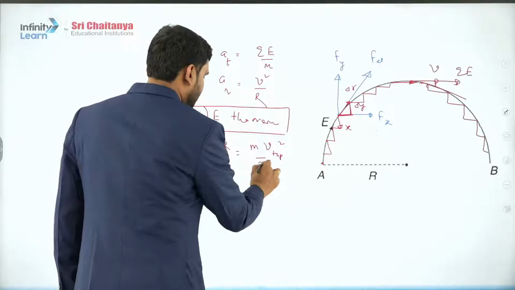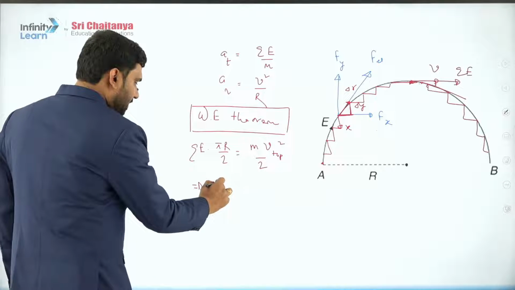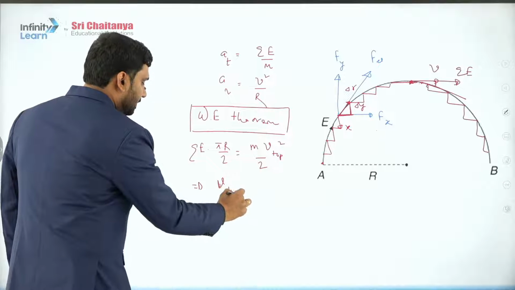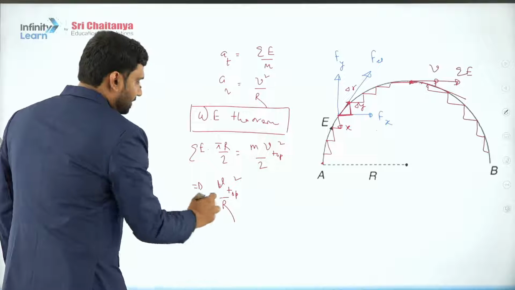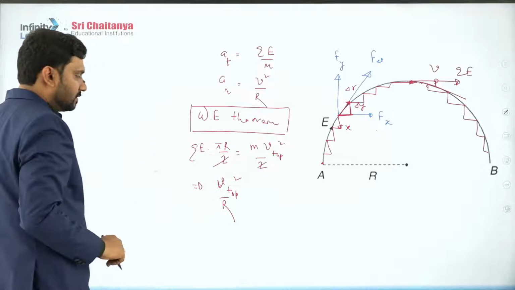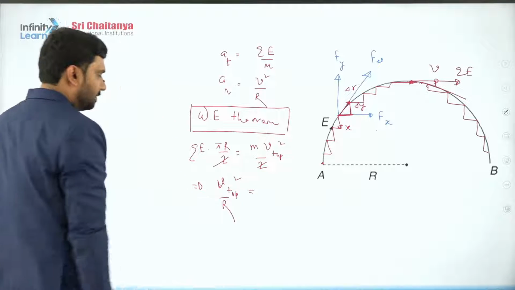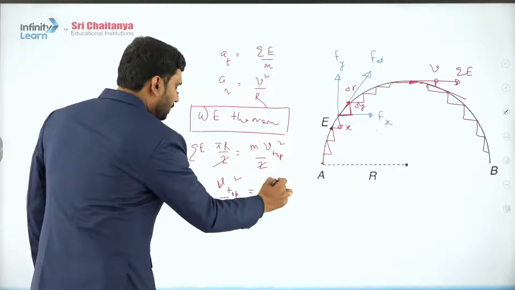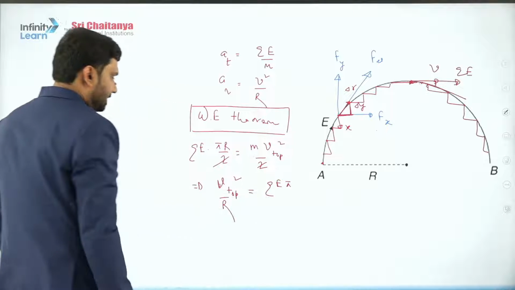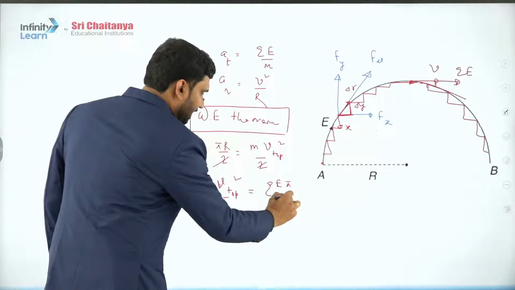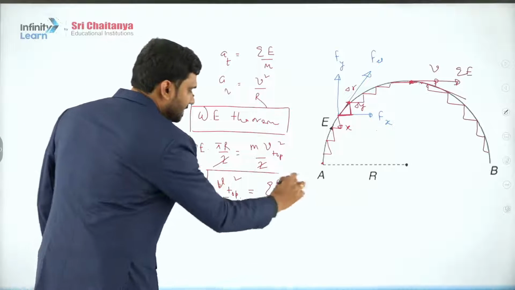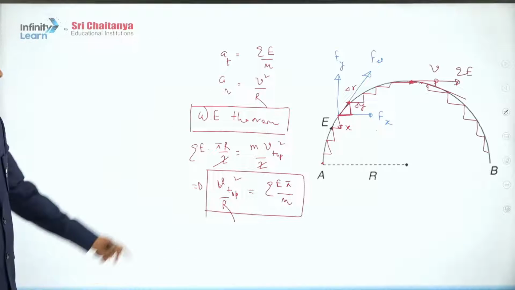So from there I will get v square by r. See, these two cancel out. So v square by r, we are getting qe pi divided by m. And this is the normal acceleration, right?